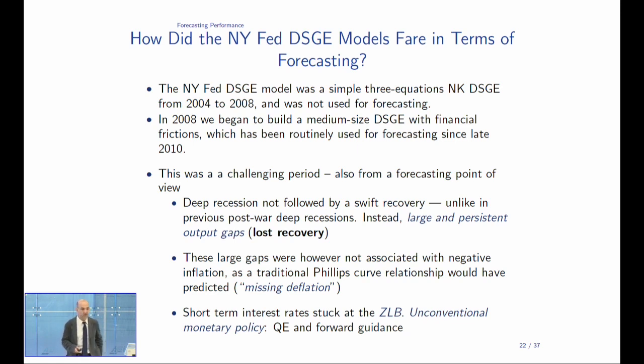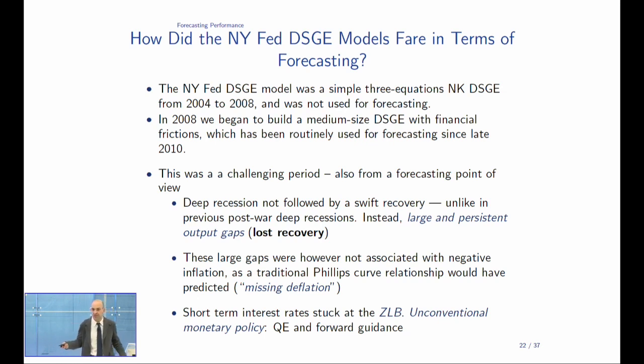And there were large and persistent, and still persistent, output gaps. These gaps, however, were not associated with negative inflation, with deflation, as the traditional Phillips curve relationship would have predicted. Plus, unlike in previous historical episodes, the Federal Funds Rate was stuck at the zero lower bound, and the Fed used unconventional policy.